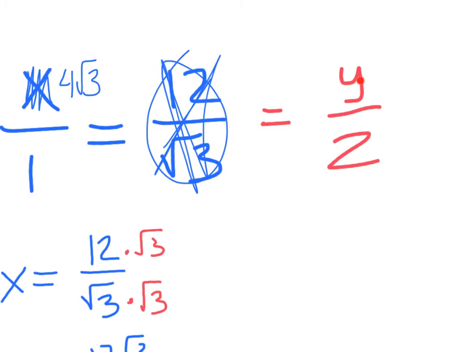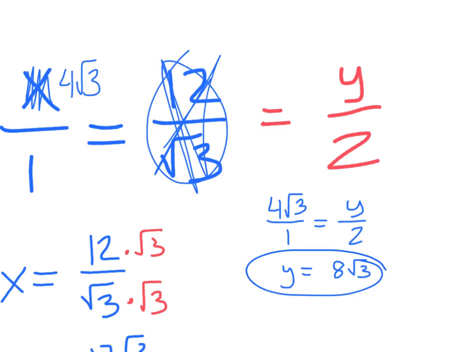Y times 1 is y, which means all I have to do is multiply those two to get my answer. So just to rewrite it, now when I cross multiply this, I get y equals 8 radical 3. Where did that 8 come from? 2 times 4 is 8, and the radical 3 stays with it. So now I have my 2 answers.